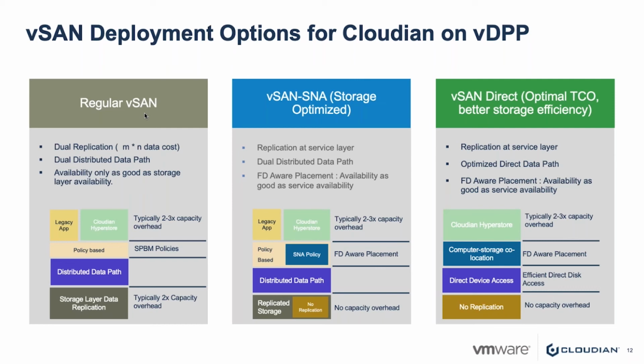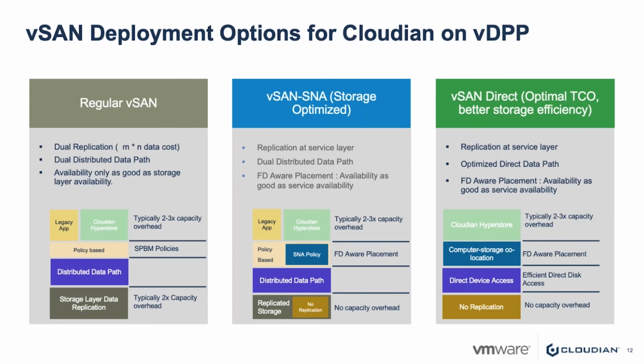So now we extend that same availability option for services, Cloudian on data persistence platform, so you can turn on availability both on Cloudian as well as vSAN, right? So that is deploying Cloudian normally on vSAN using vSAN replication. So here you have a replication on both the Cloudian layer as well as the vSAN layer.